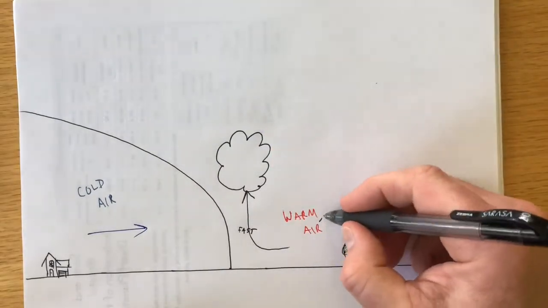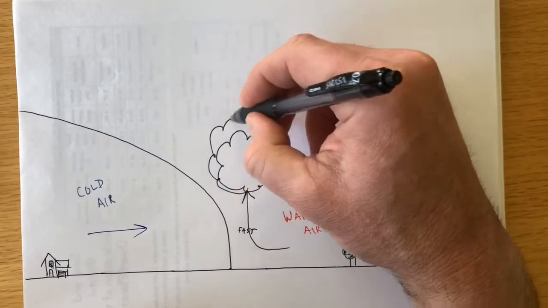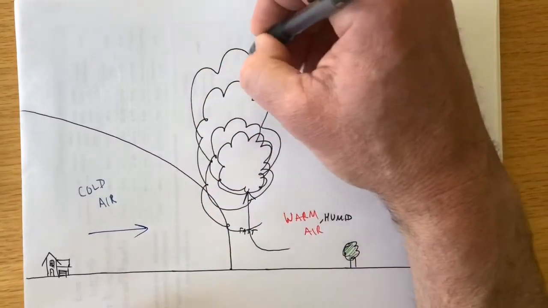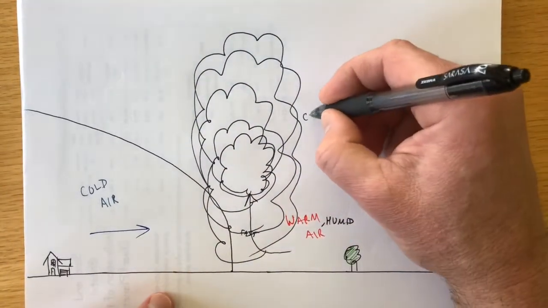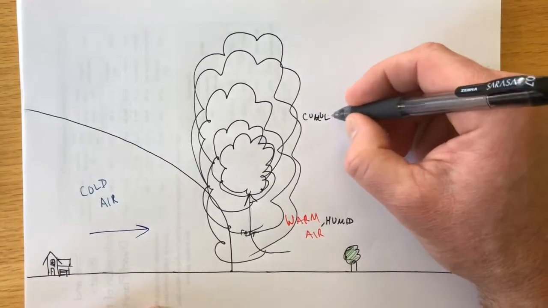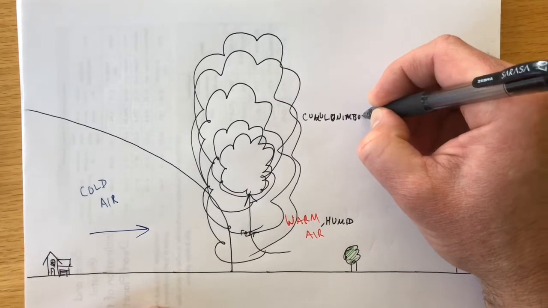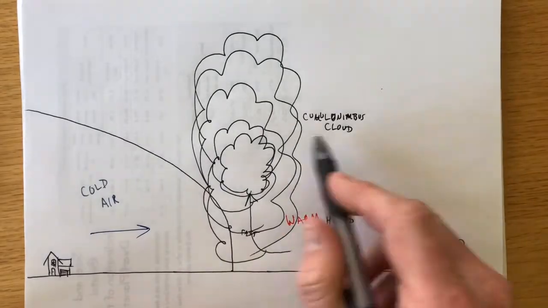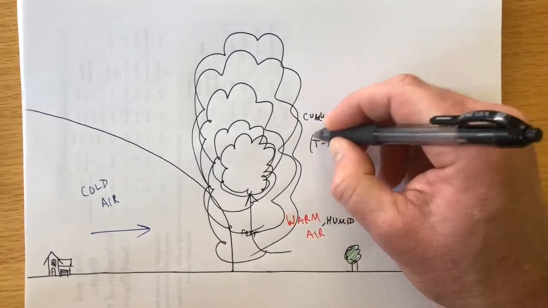Now, if this air is really humid, as it goes up, my cloud is just gonna grow, and it's gonna grow, and I'm gonna get this big puffy cloud that grows all the way up to the top parts of the atmosphere, and this is called a cumulonimbus cloud that I can't spell. Cumulonimbus cloud. That was awful. Anyway, our cumulonimbus cloud is simply a thunderstorm.